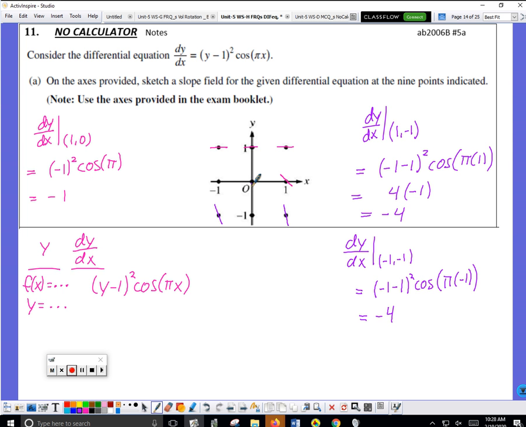Let's see. Cosine of 0 is 1. So this has a slope of 1, so that's going to look like this. Over here, y is 0, so that's just 1. So that's -1 again.